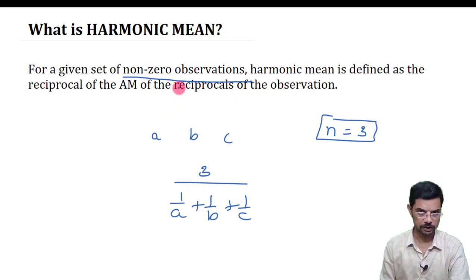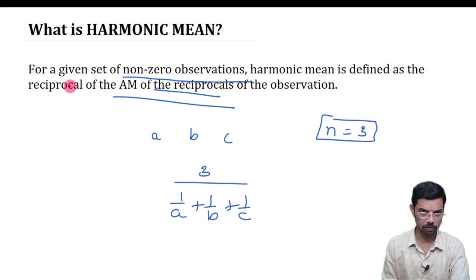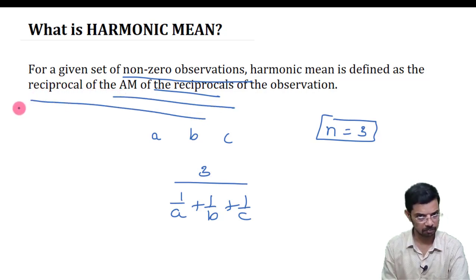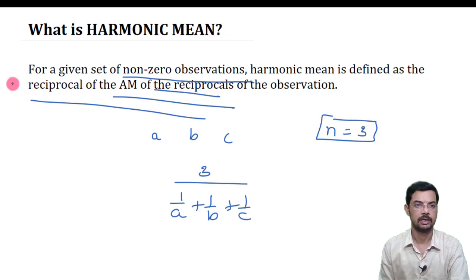So first we find the reciprocals, then the arithmetic mean of the reciprocals, and then the reciprocal of that arithmetic mean. That's it. Let us see the formula.